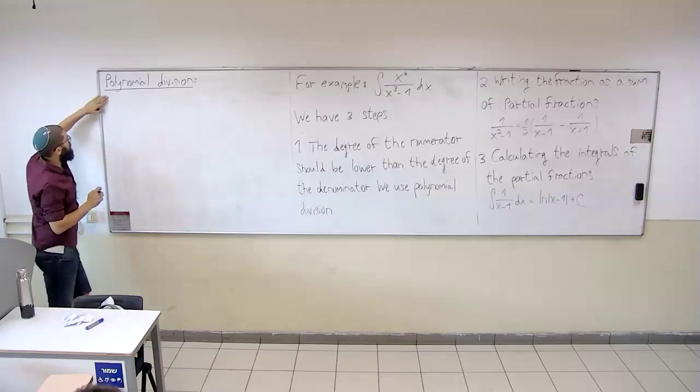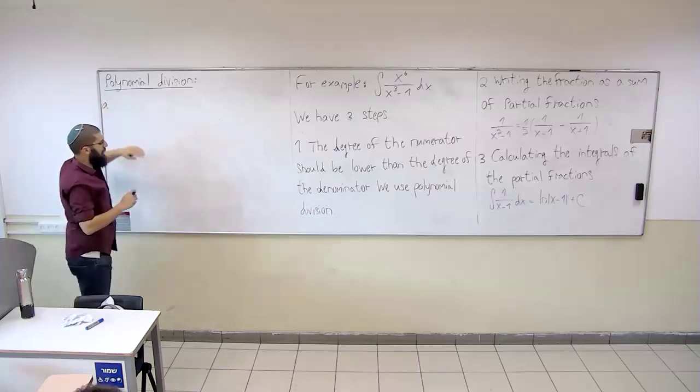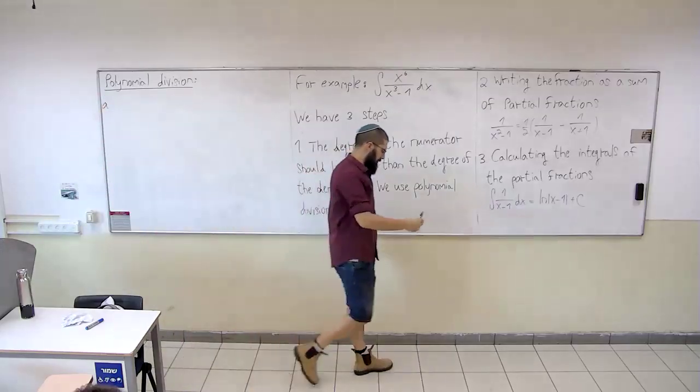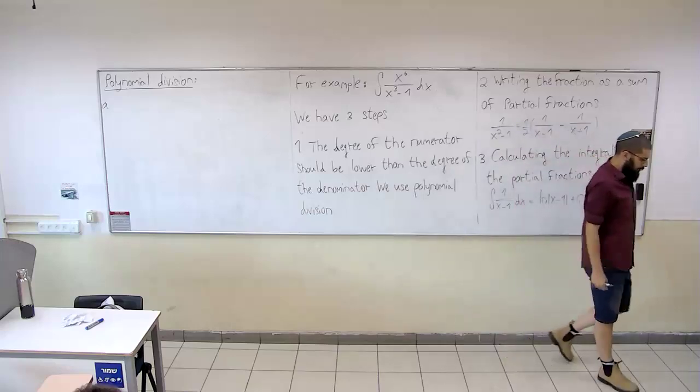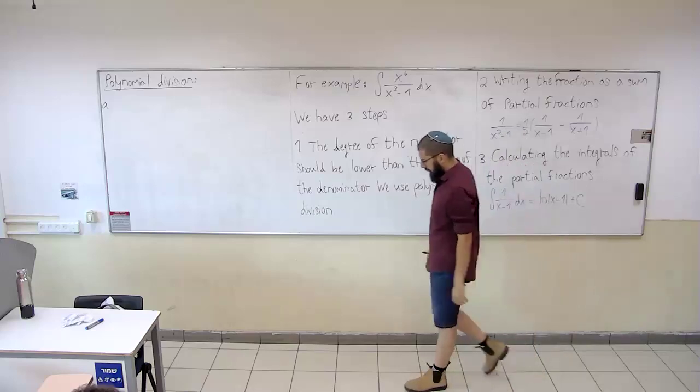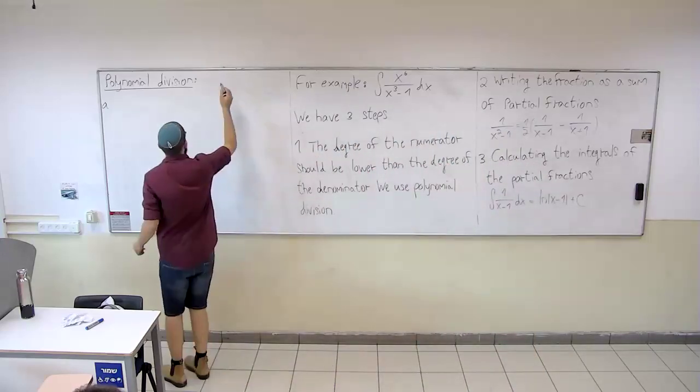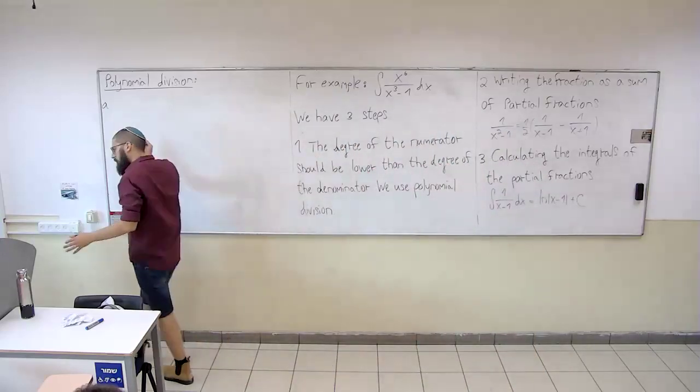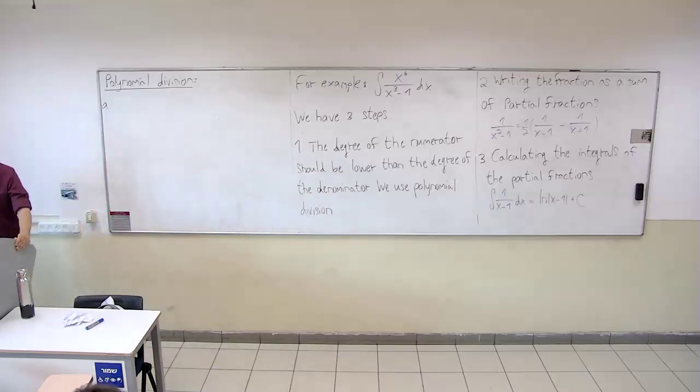Let's number the steps, starting with A. First of all, how do we divide the polynomials? We put the bigger one with the greater power under the right angle, and the other one on the side. It's a nice, easy way to write it down.